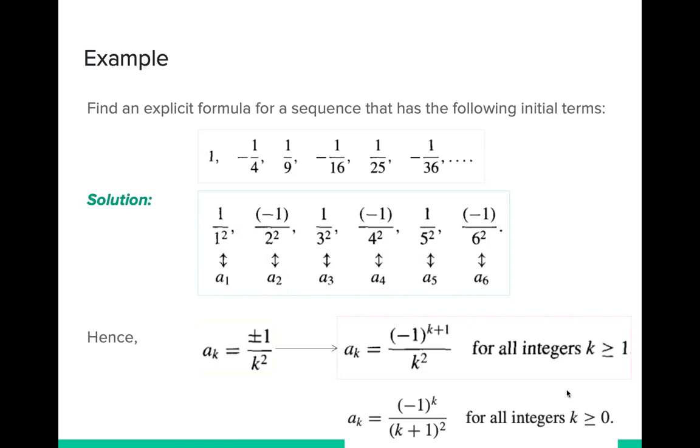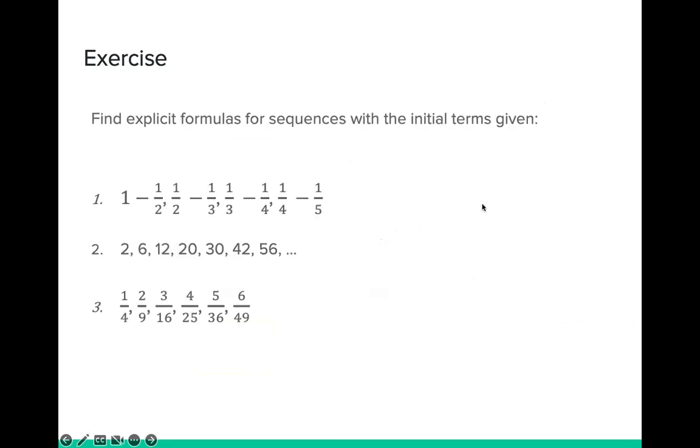Okay, note that if instead of starting from 1, our sequence began with a 0, or the first term is a sub 0, it would have led to this alternative formula: a sub k equals -1 raised to k divided by k plus 1 raised to 2. Okay, so you can check if this indeed gives us the correct sequence.